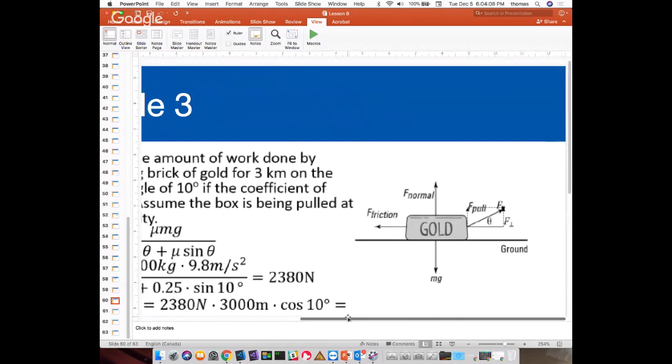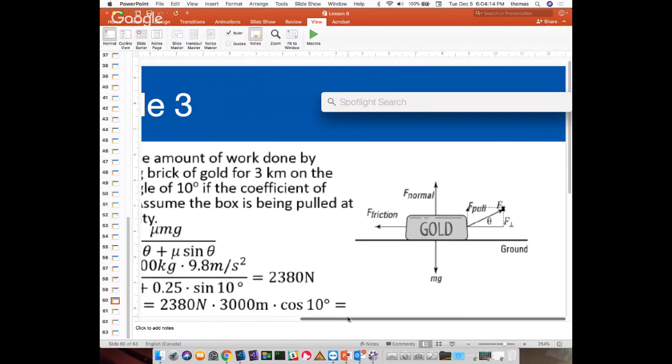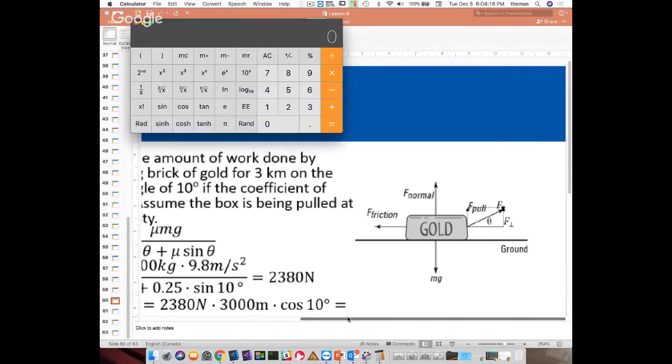So 9,800 times 0.25 is equal to 2,450 newtons of force, a frictional force, right? That's the average frictional force that I've got. Okay, so that's what's stopping me. That's what's resisting me.